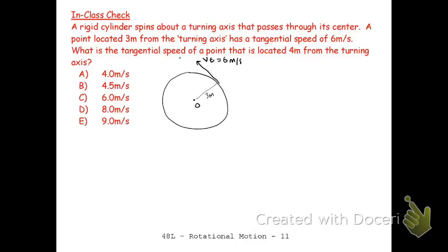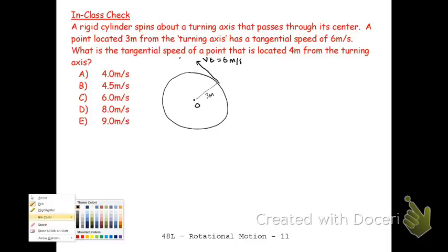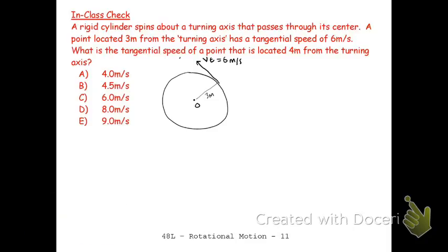And then what is the tangential speed of a point that was located 4 meters from the turning axis? Let's change the color of pens so I can see the difference. So that's 4. It doesn't matter which direction it's in, it's out here. That's 4 meters.